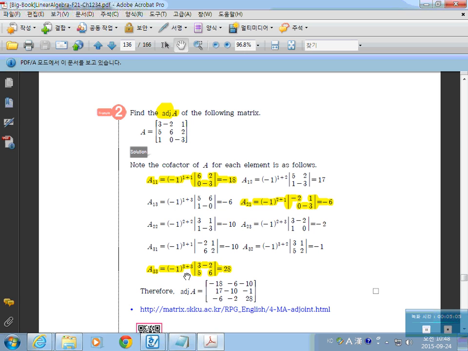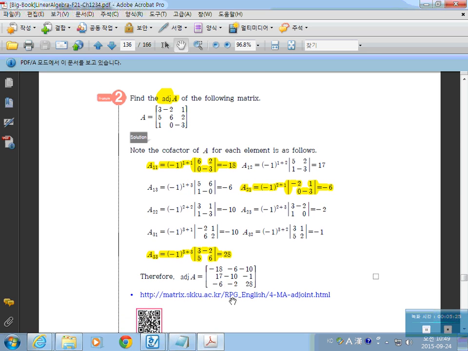From those 9 cofactors, we can form a 3 by 3 matrix with those in the same places, then take a transpose, which forms the adjoint matrix like this.